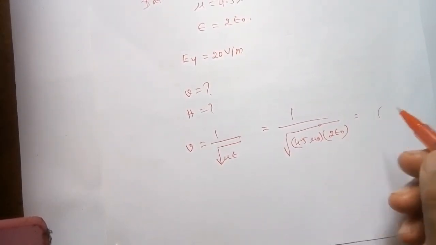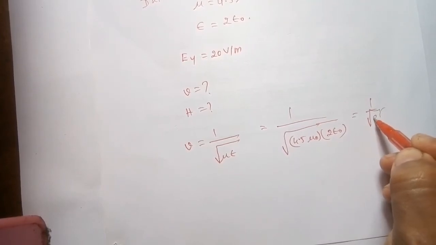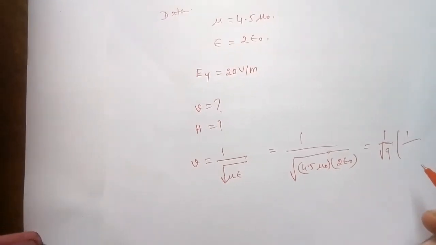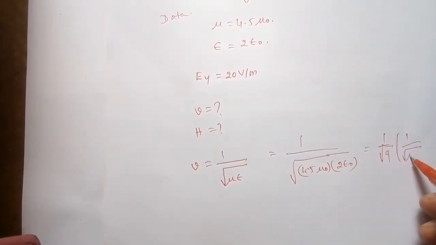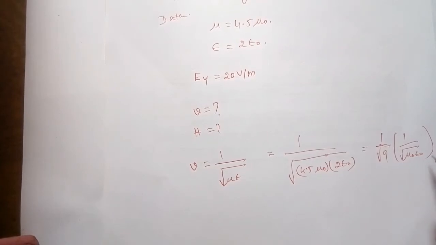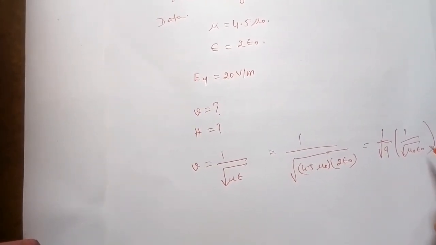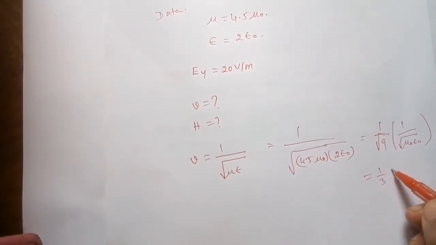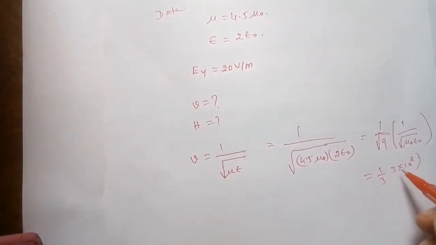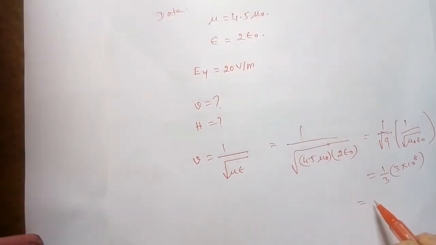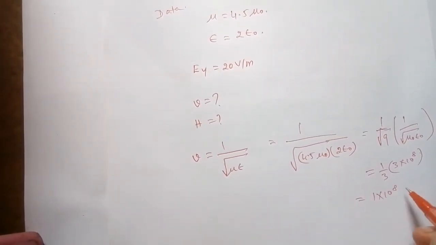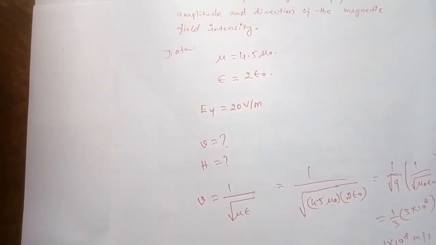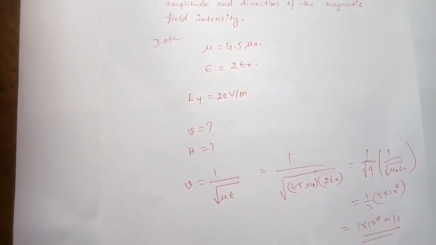On substituting, 1 by root 9 into 1 by root of mu naught epsilon naught. 1 by root of mu naught epsilon naught is the velocity of light. 1 by root 9 is 1/3 of the velocity of light, 3 into 10 to the power 8. So you will get 1 into 10 to the power 8 meter per second. That's the velocity with which the wave travels.